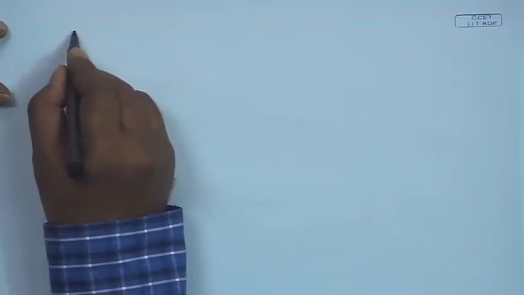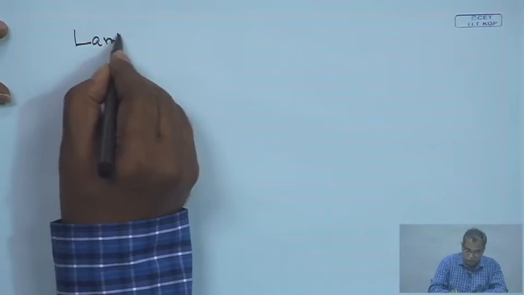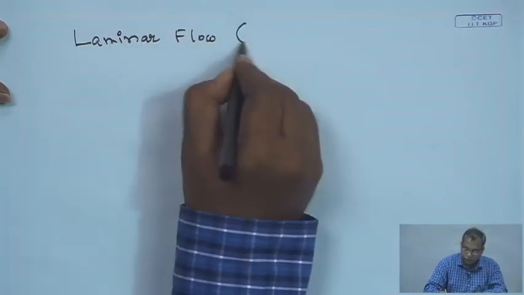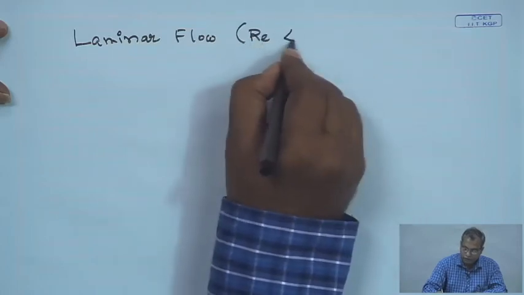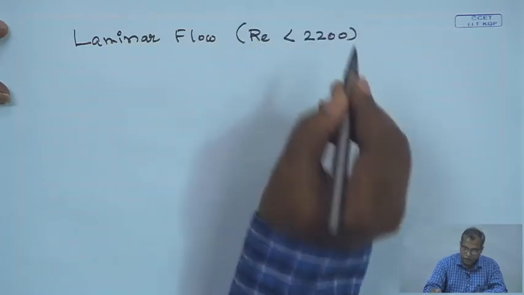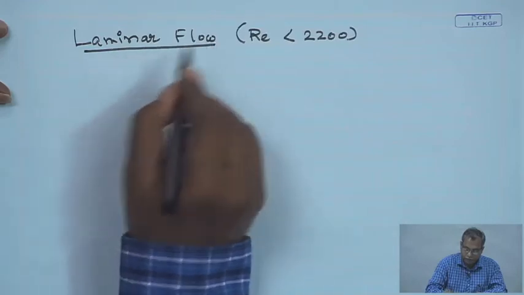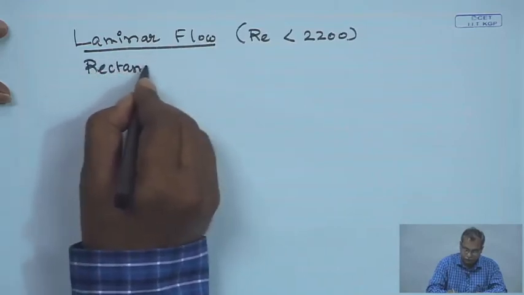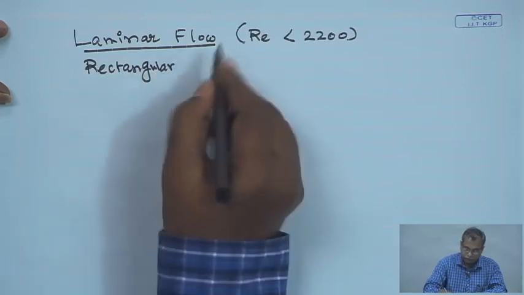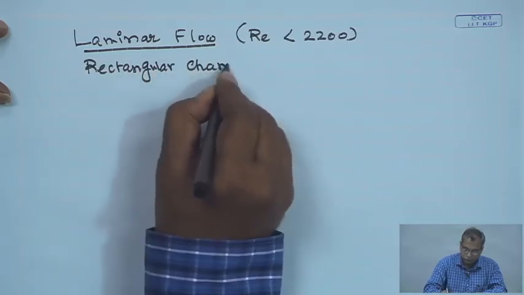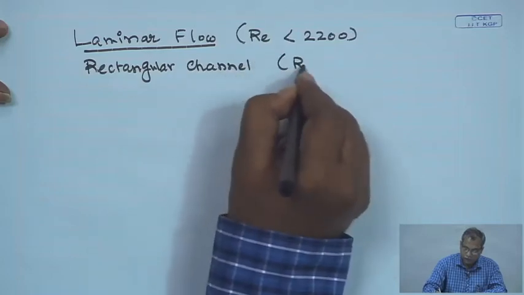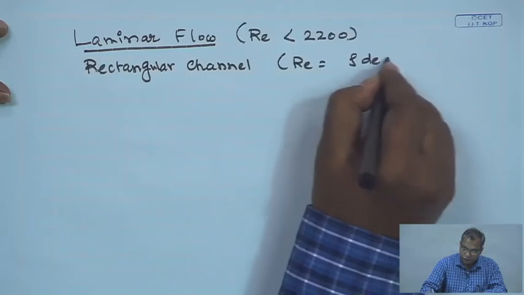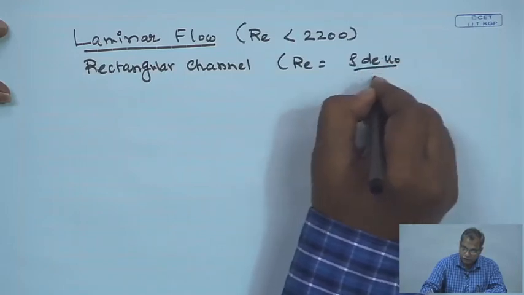Now, let us look into the two flow domains. First, laminar flow, where Reynolds number is less than 2200, and we will be considering two geometries, starting with the rectangular channel. Reynolds number is equal to rho d equivalent times the velocity in the flow channel divided by mu.